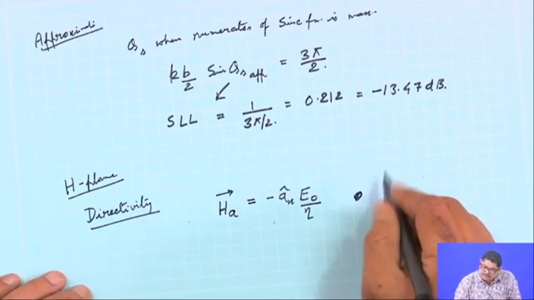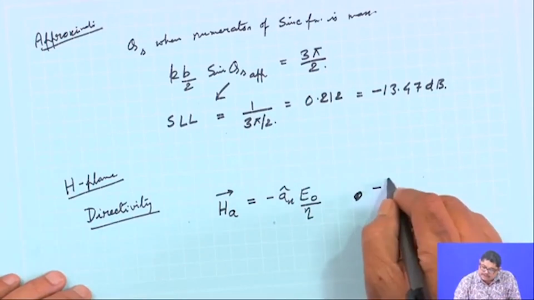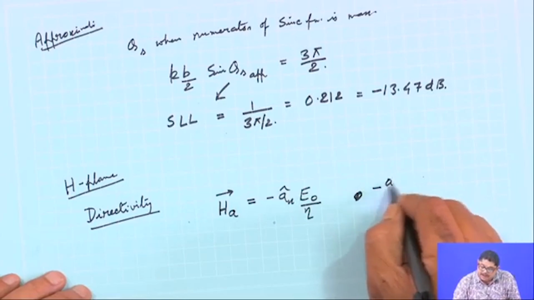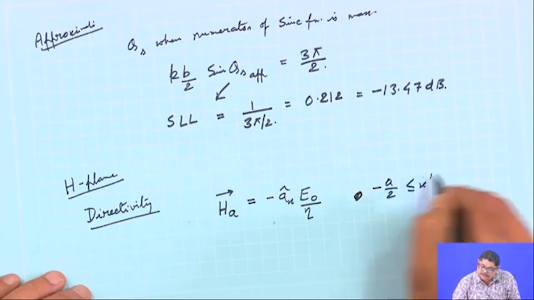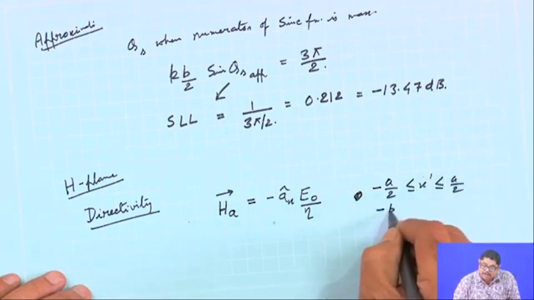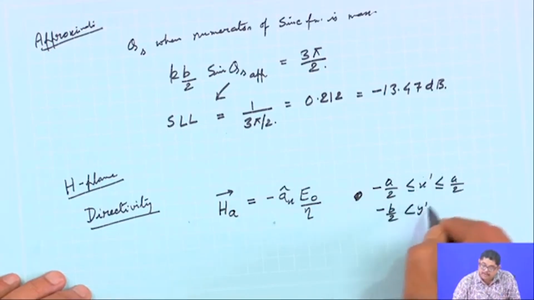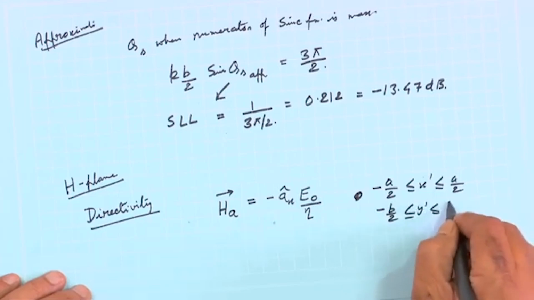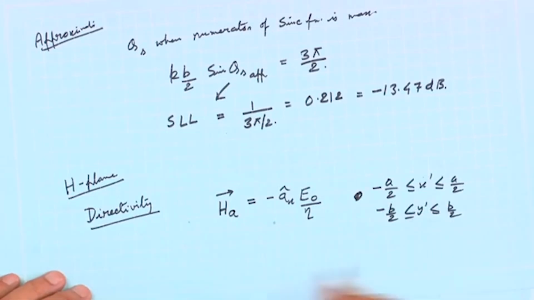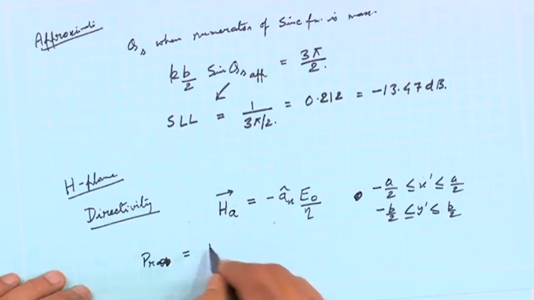So, all those things, minus A by 2 less than x dash less than A by 2 and minus B by 2 less than y dash less than B by 2, with that 0 elsewhere. So, you can find P rad, let us say PR, because we have that time used PR.